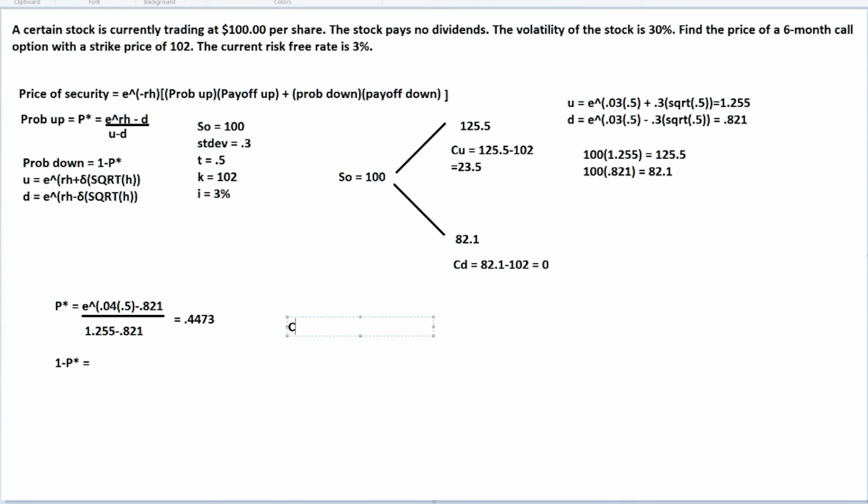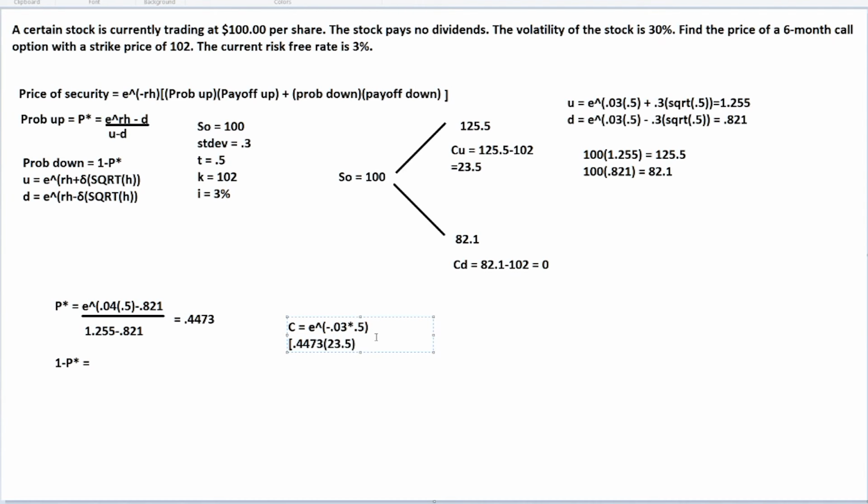So we're looking for a call, which is going to be equal to E to the RH, which is 0.03 times 0.5, and that should be negative, times our probability up, which was 0.4473, we just solved that, times our call up, which is 23.5.